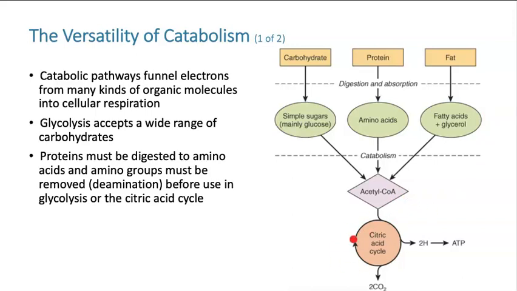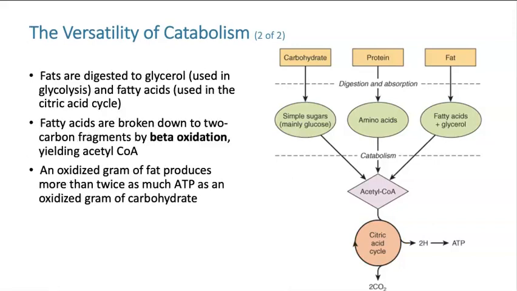And then we can run the citric acid cycle. We'll look at that in a little bit more detail in a second. For now, we're just going to get an overview of the versatility of this process of breaking down molecules. So again, fats are digested into glycerol and fatty acids, and they're going to be broken down into 2 carbon fragments by this process called beta oxidation.